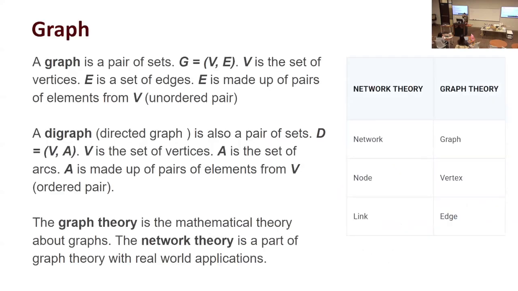So essentially, a graph is a set of pairs of vertices and edges. That's a mathematical term. There's a counterpart actually used a lot in networking, called network theory. It's more like application level.